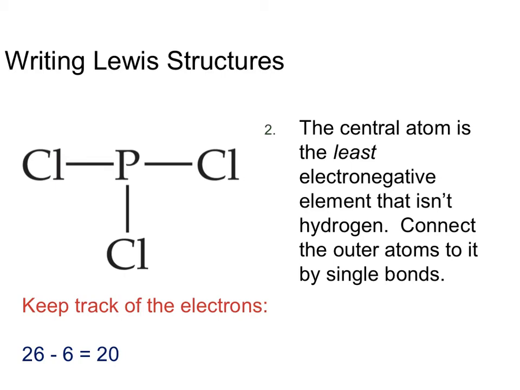We then connect all of those atoms with single bonds. Remember that those single bonds each represent 2 electrons. And so we've now used 2, 4, 6 electrons total, meaning we have 20 electrons that we still need to place around this compound.